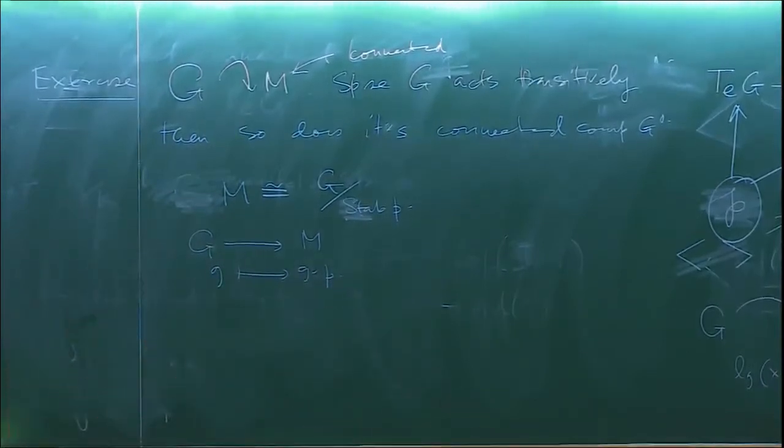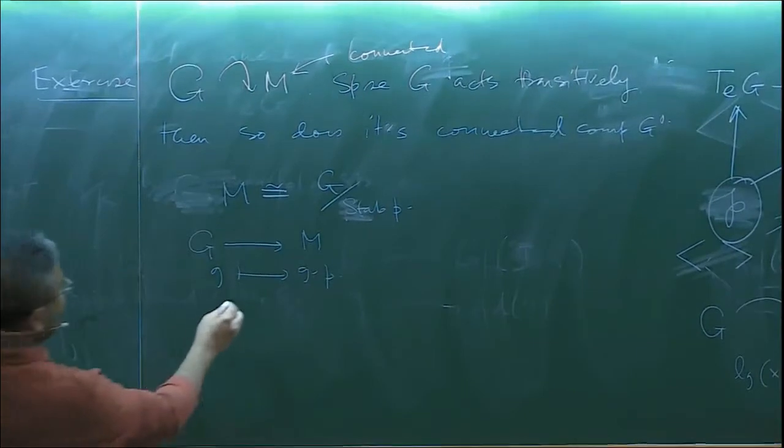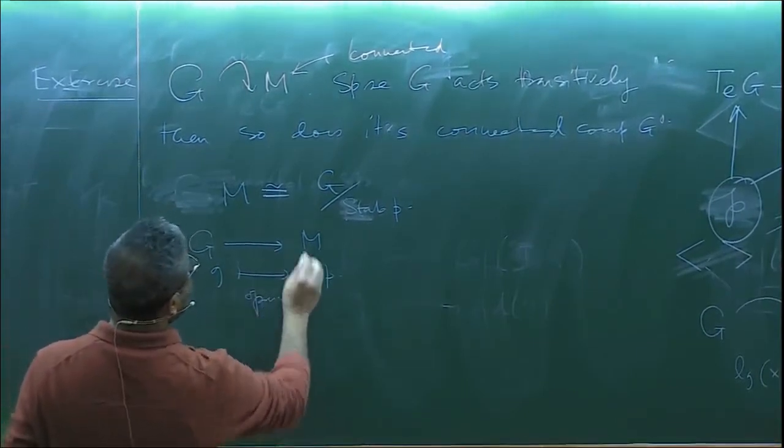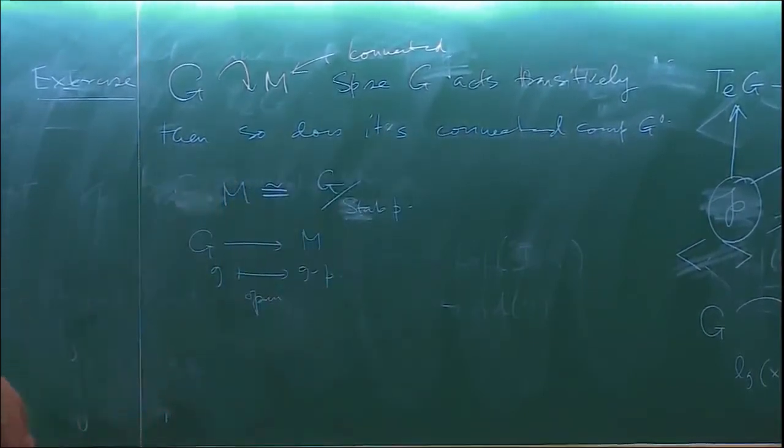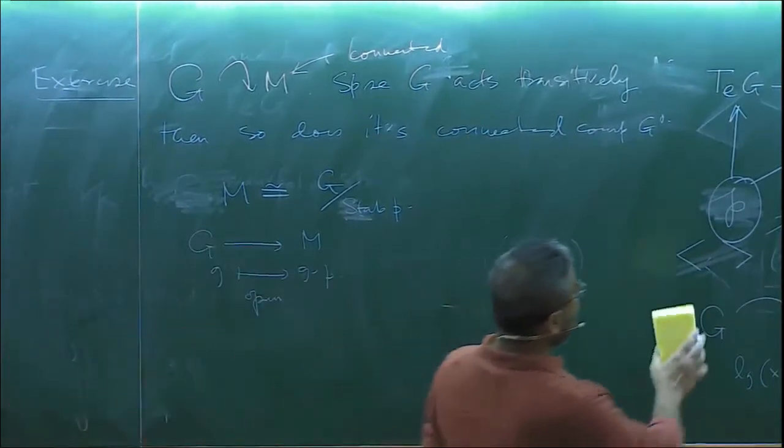That is very easy to see. So here is an open map, and that's the proof. And that will show you that the connected component acts transitively. Okay, so my G here is the connected component of the isometries.